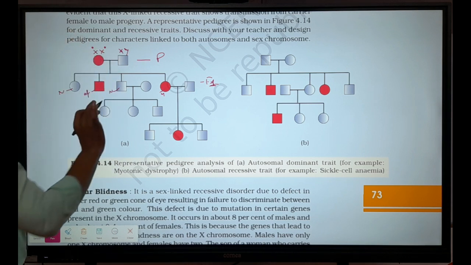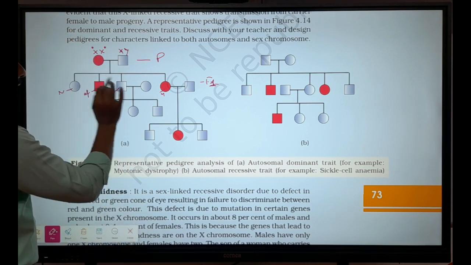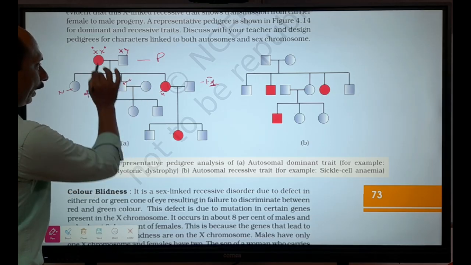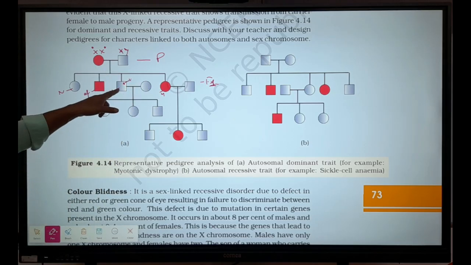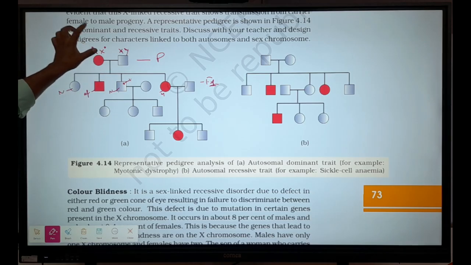If it is a recessive trait, then what happens? Both X contain this trait. That means this normal male, what happens? It makes it wrong, if both X contain this trait.